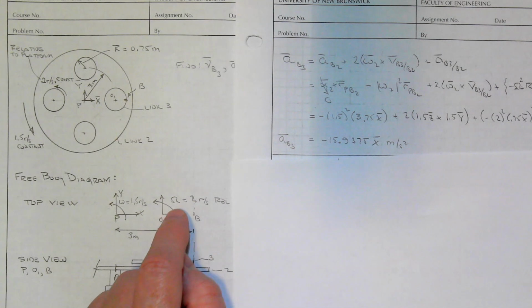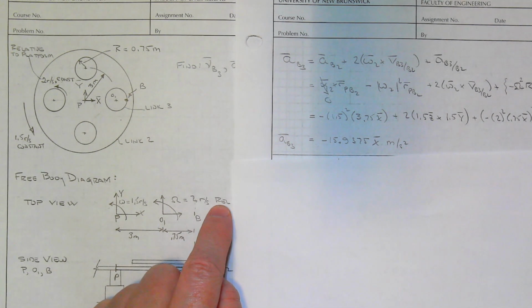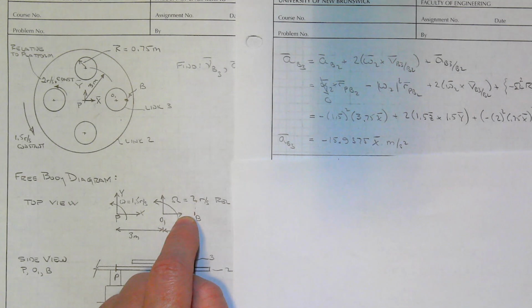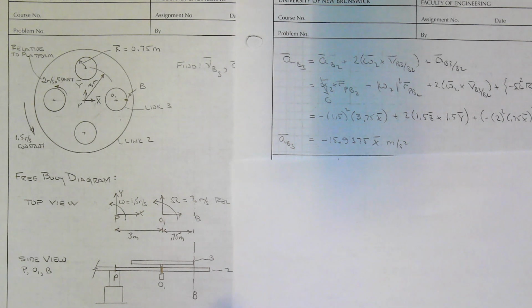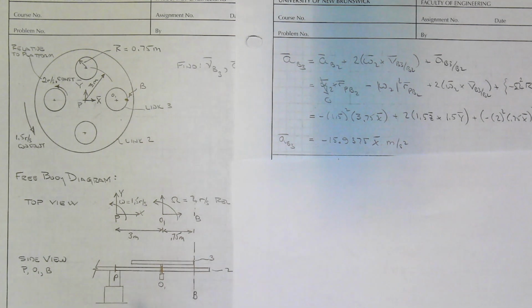All right, this omega was 2 radians per second relative to the platform, not ground. Everything we've done in the past in the course has been relative to ground. What if you were to convert this number here to not a relative angular velocity, but a ground angular velocity?